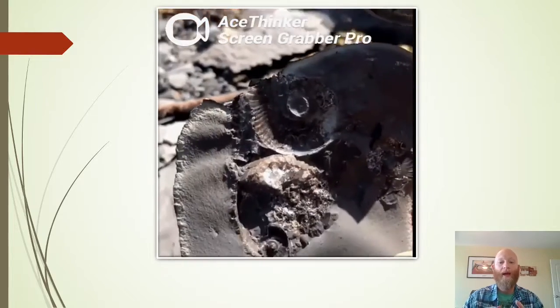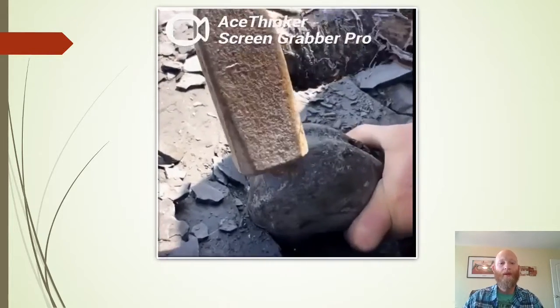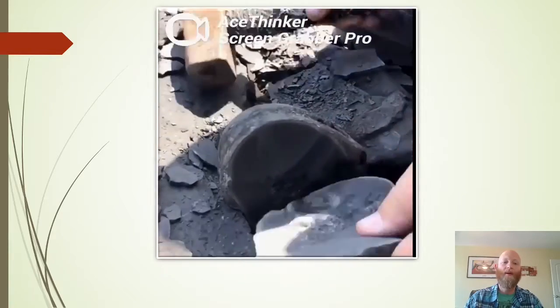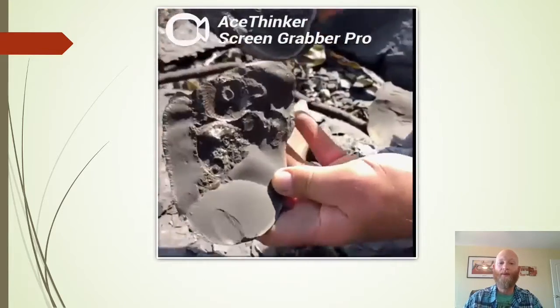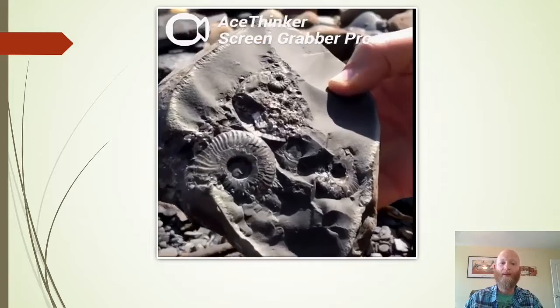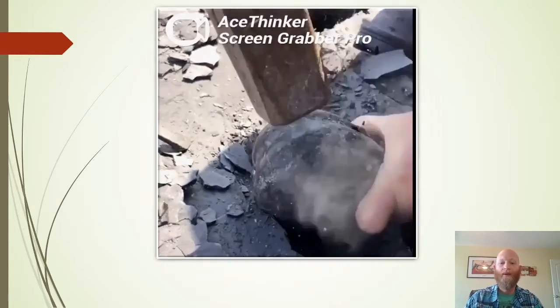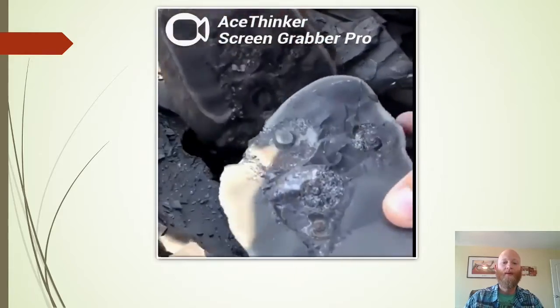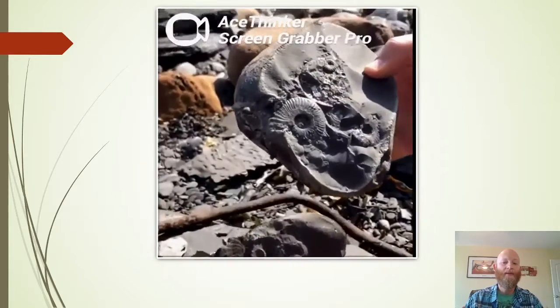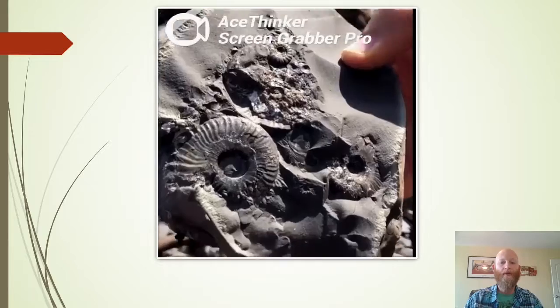Those aren't the actual shells. Those have been slowly converted into fossils. So the minerals in the rocks have slowly replaced the minerals in the shells to turn into fossils. So it's almost like a copy, but it's not the real thing.